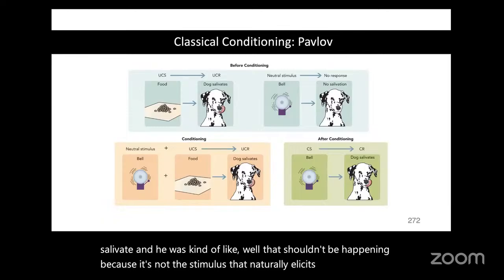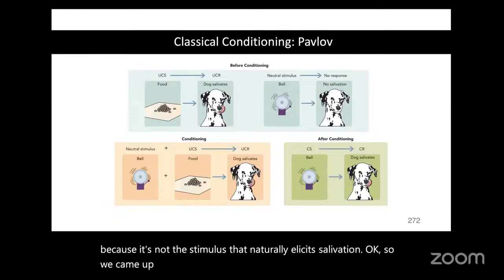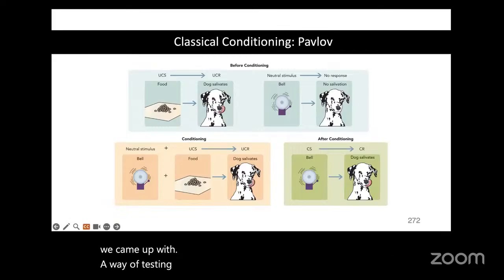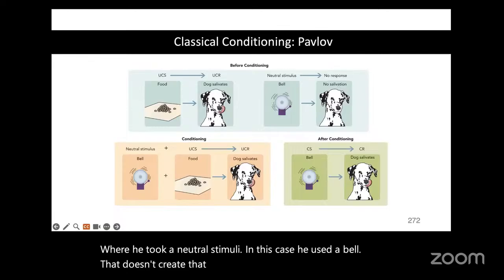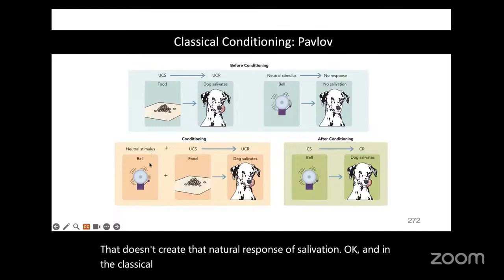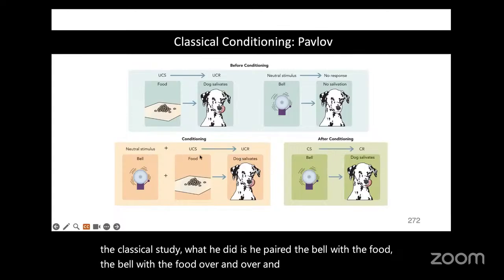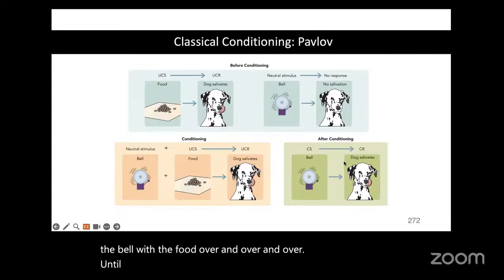Okay. So he came up with a way of testing this where he took a neutral stimulus. In this case, he used a bell that doesn't create that natural response of salivation. And in the classical study, he paired the bell with the food over and over and over until this neutral stimulus produced the salivation on its own without the presentation of the food.